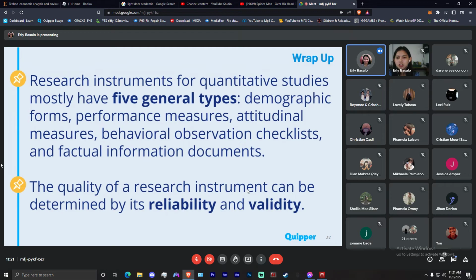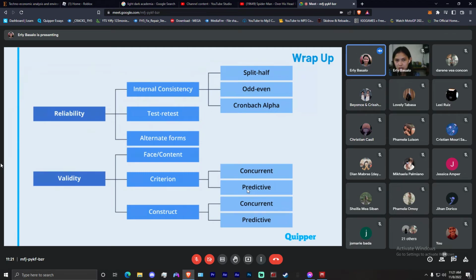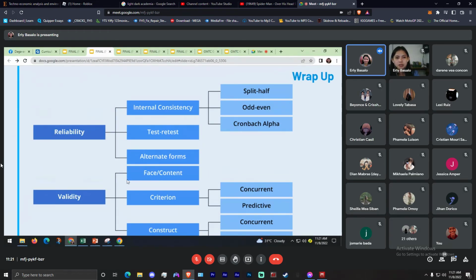The quality of a research instrument can be determined by its reliability and validity. For reliability, we have internal consistency, test-retest, and alternate forms. For validity, the types are face, content, criterion, and construct. That composes our discussion for research instruments.